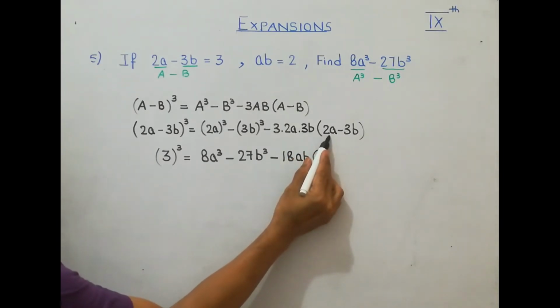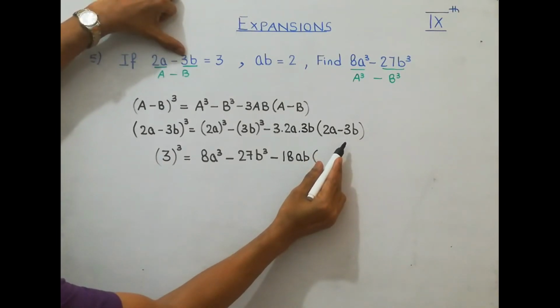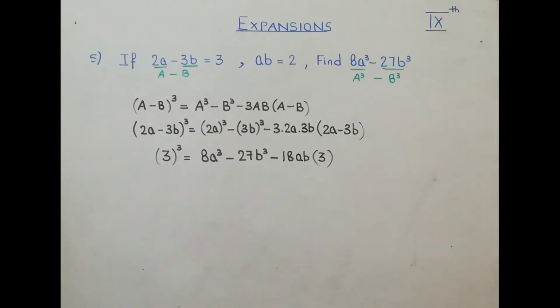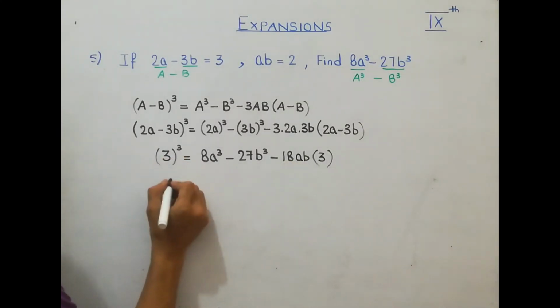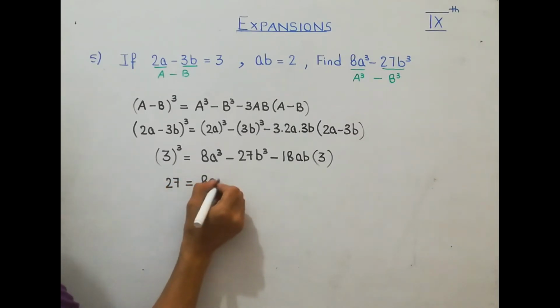And within the bracket we have 2A minus 3B. So 2A minus 3B is to be replaced by 3, this way. You see it? Is this much clear to you? Now, this will become 54. This will become 27. And this we have to find.